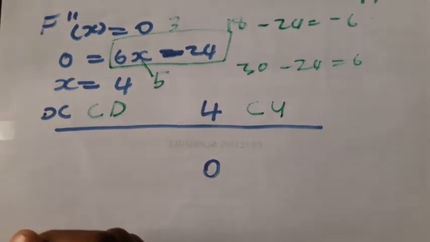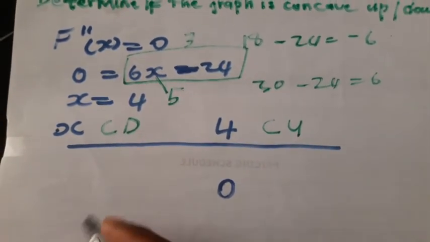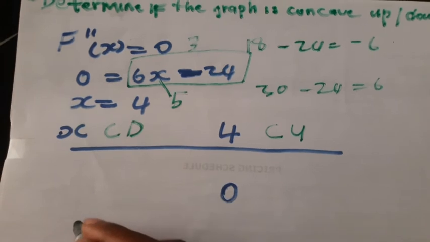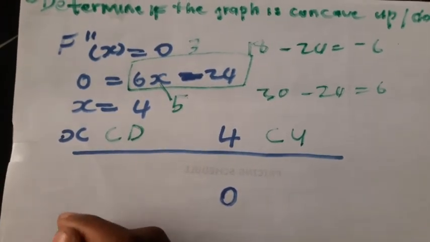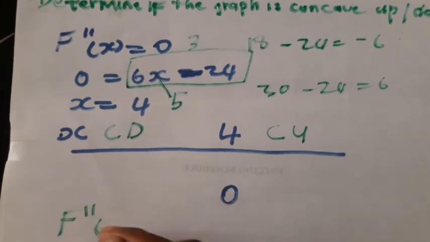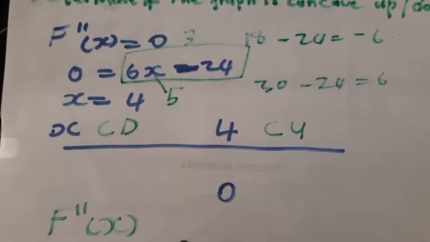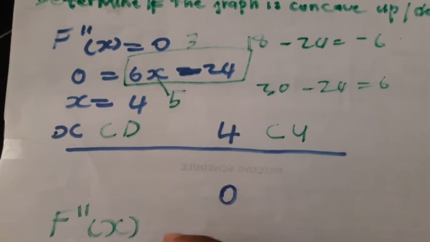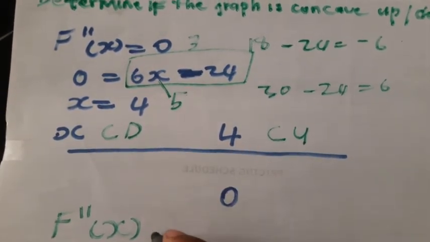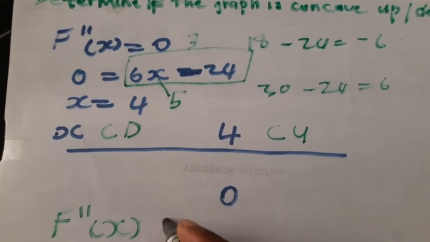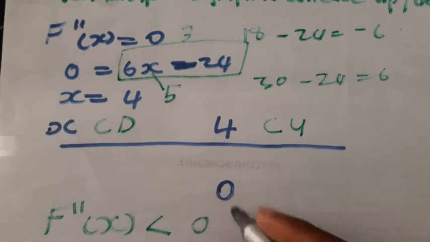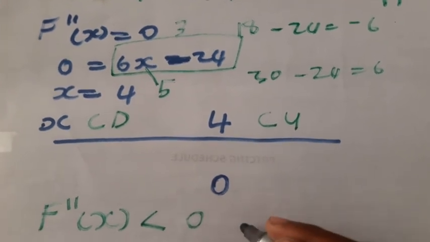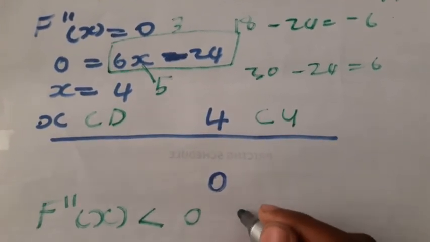And then we summarize this by saying that for the second derivative, any number which is less than the value of 4, the graph is concave down.